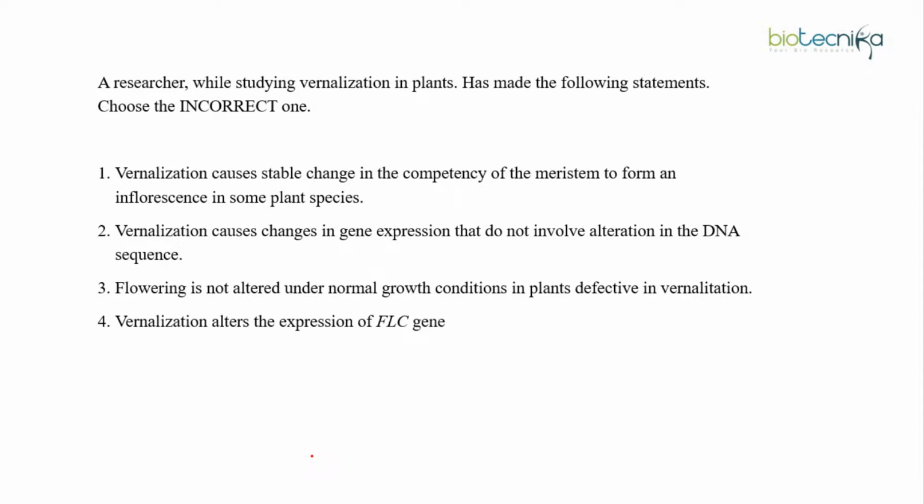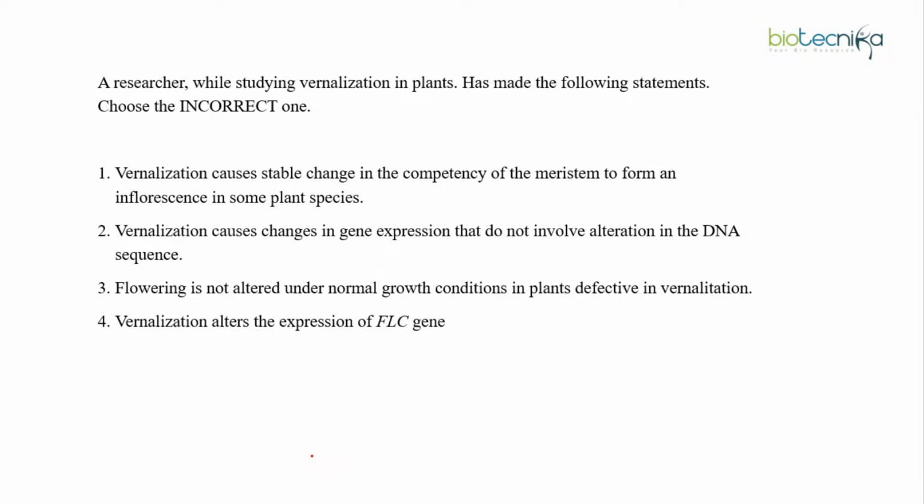You keep the plants under very cold temperature to induce flowering. Now, all the plants don't need this treatment. Only certain plants need this. So mainly what happens, it is seen that plants which are defective in vernalization, it can be because of some mutation or something, often fail to flower.